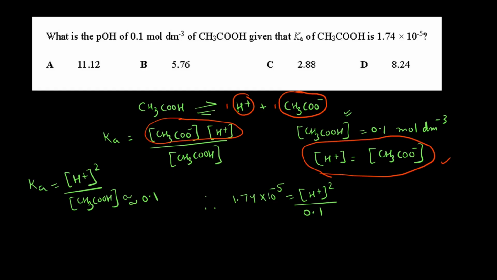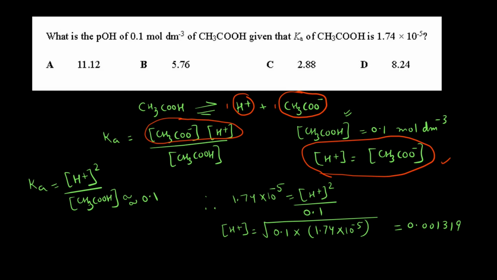From this equation we can solve for H plus ion, which will be the square root of 0.1 multiplied by 1.74 into 10 to the power minus 5, and this comes out to be 0.001319.